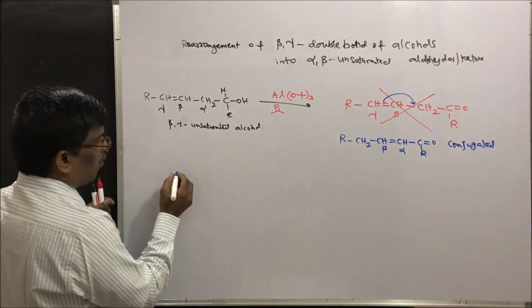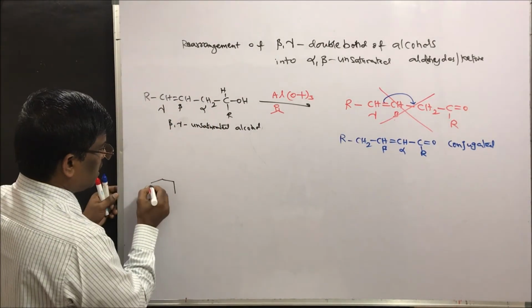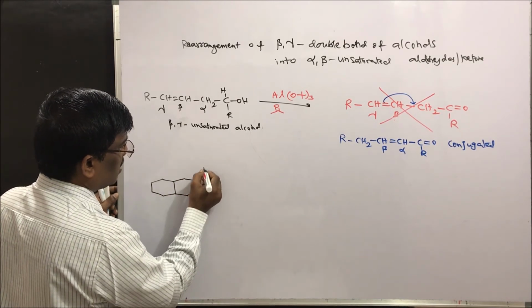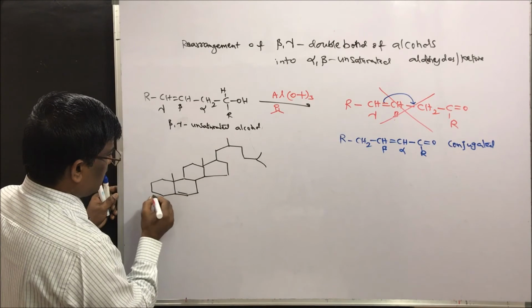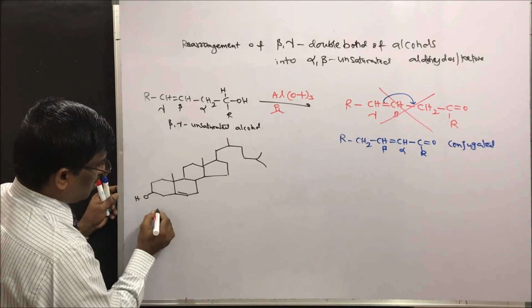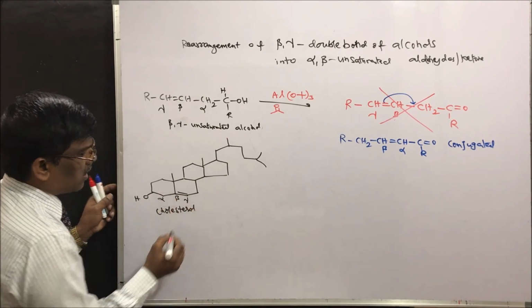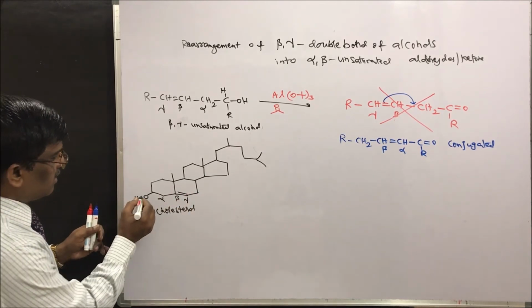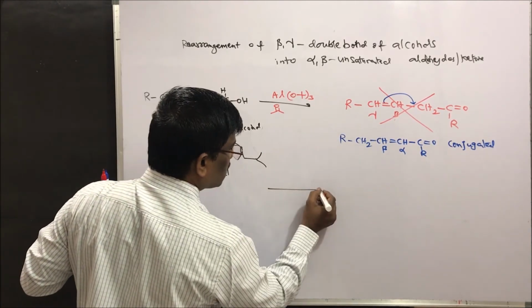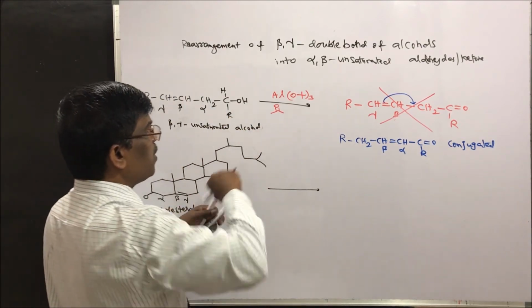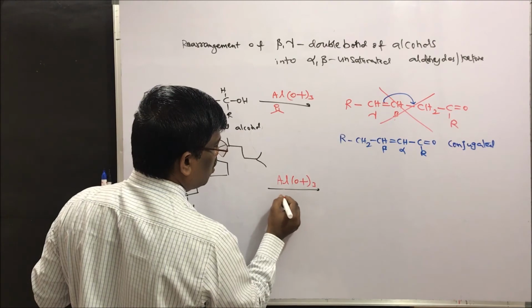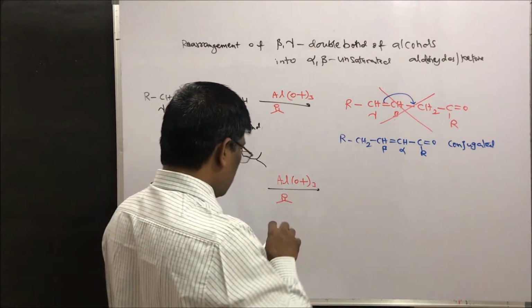Let us take cholesterol, which is having beta gamma unsaturation. This is cholesterol, alpha beta gamma. This beta gamma unsaturated alcohol is going to be oxidized using aluminum tertiary butoxide in presence of acetone to give cholestenone.